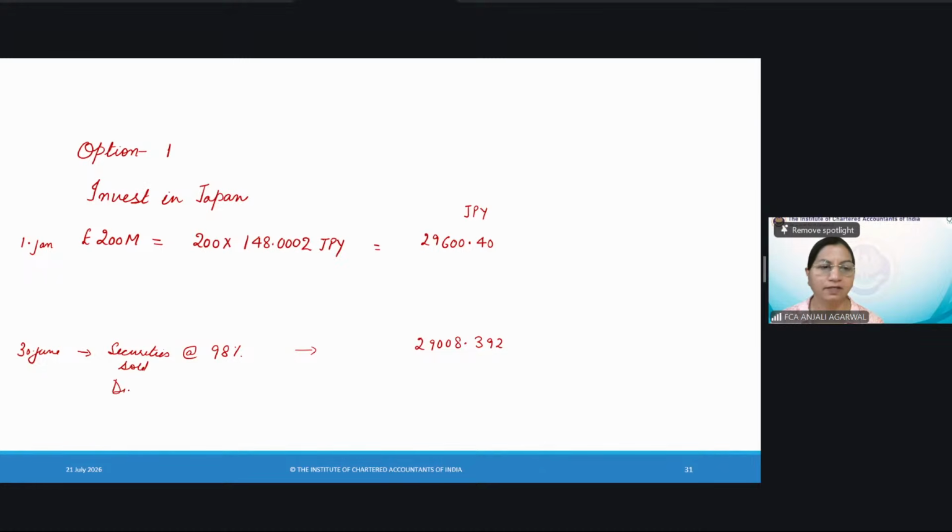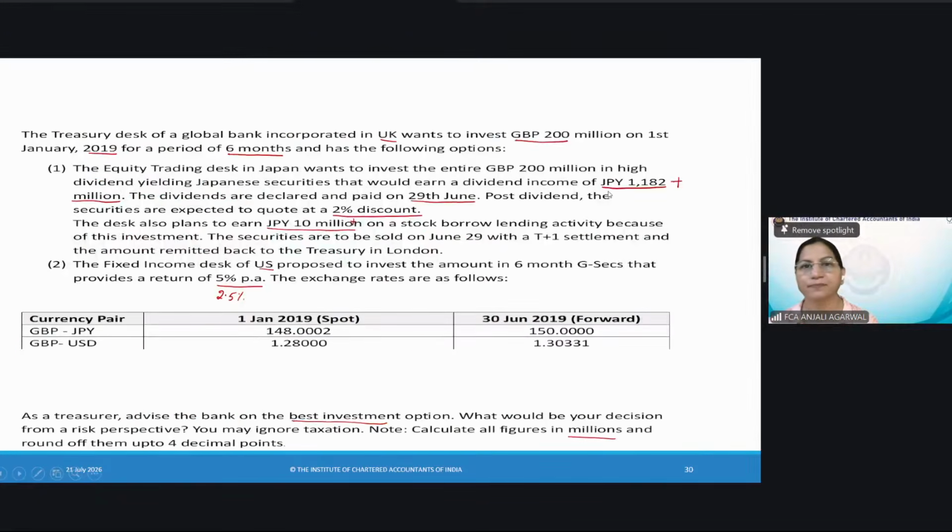dividends in between and stock lending activity. Dividends are received once again on 29th June. So we will take once again, declared and paid on 29 June, 1182 plus 10 million.